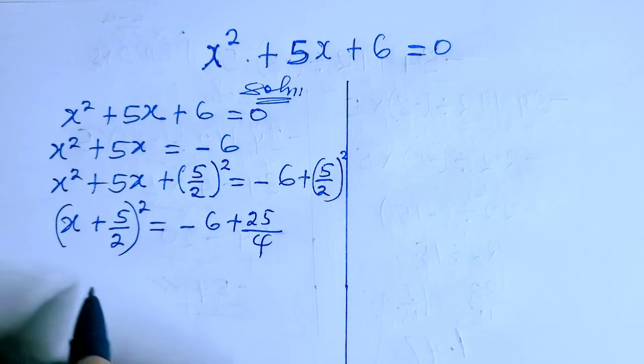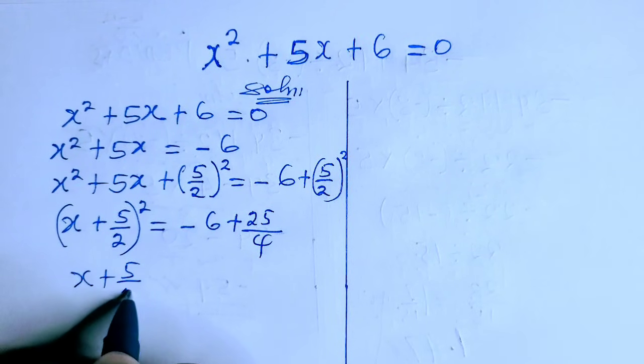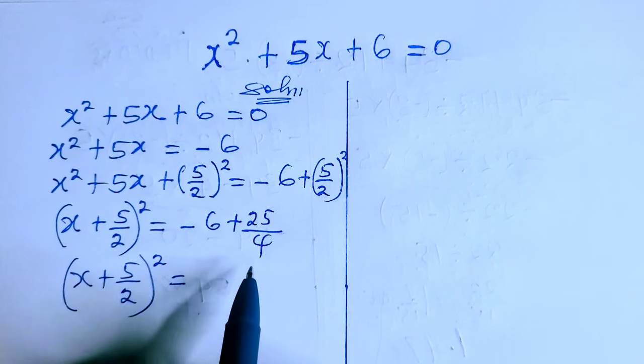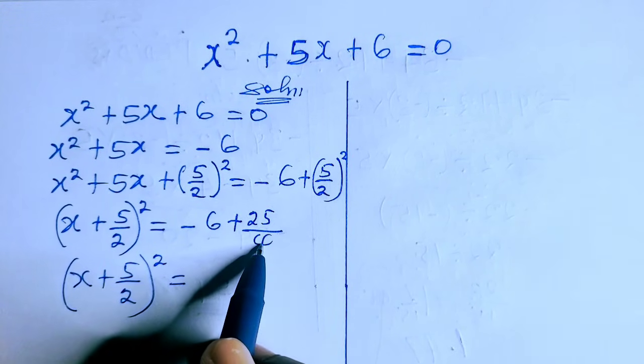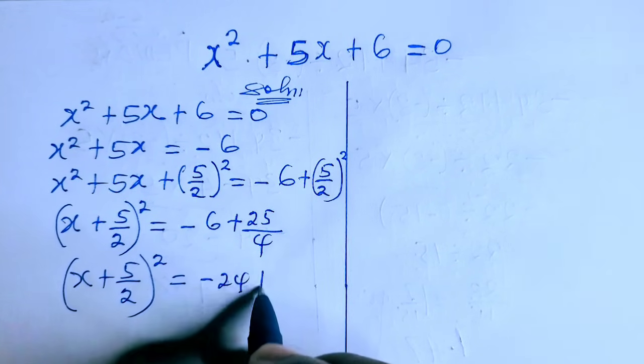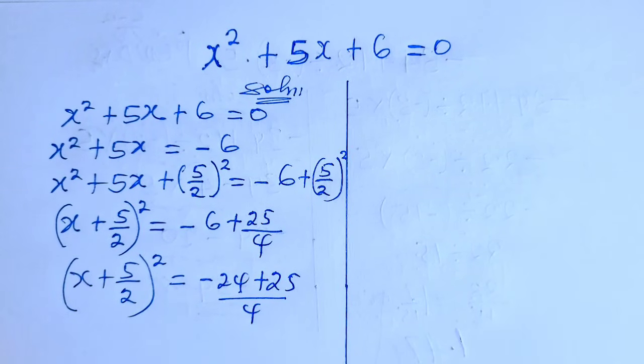You bring this down, we have here (x plus 5 all over 2) all squared equals, and we simplify this further: 4 times minus 6 will give us minus 24, plus 25 all over 4.